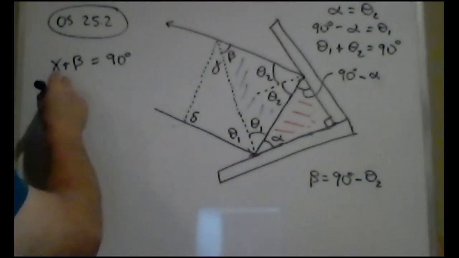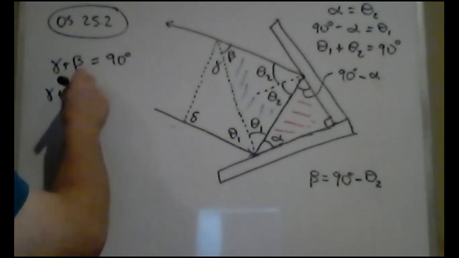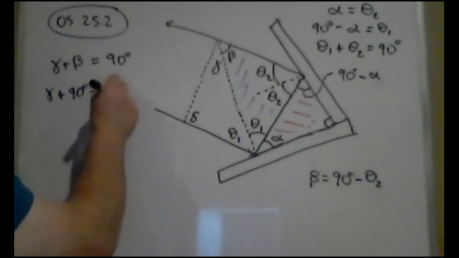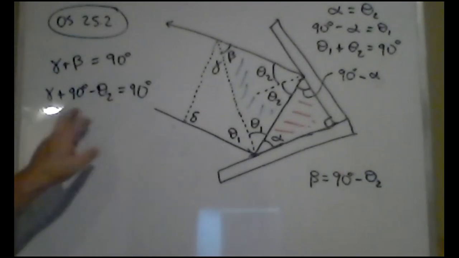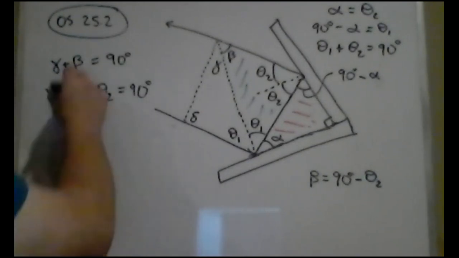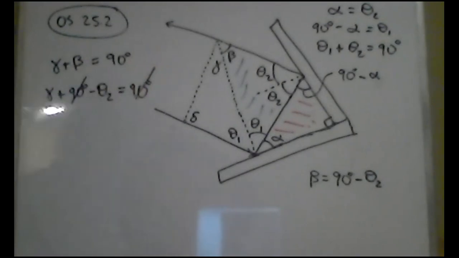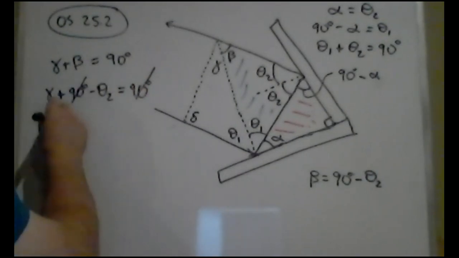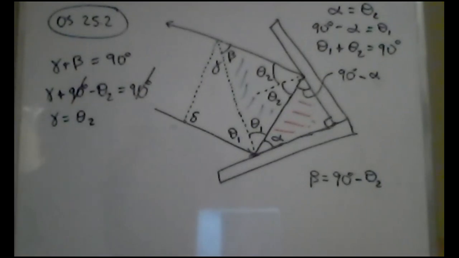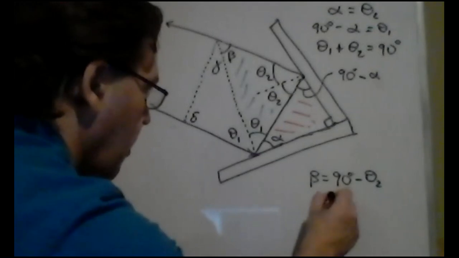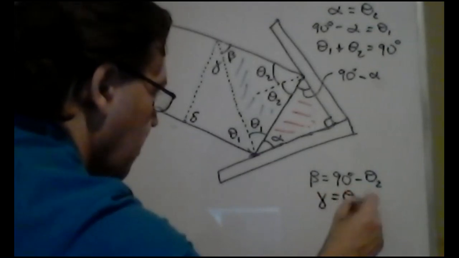So gamma plus 90 degrees minus theta 2 is 90 degrees. The 90 degrees cancels out on both sides, and I'm able to quickly say that gamma is theta 2. Another fact.